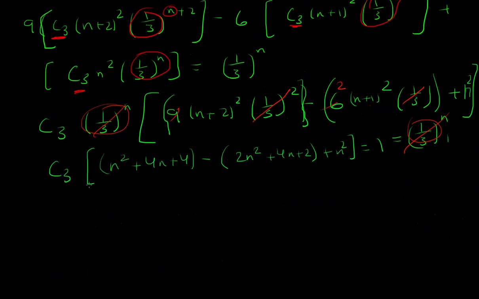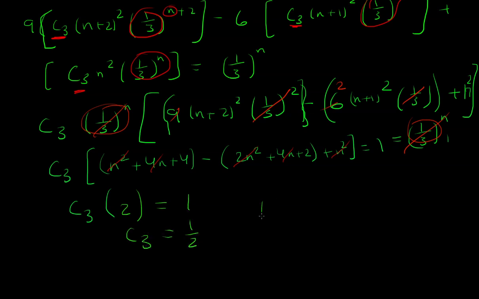So then we just keep going. C3 times n² - 2n² + n², those cancel. We have 4n - 4n, those also cancel. 4 minus 2 is just going to be 2. So a lot of things cancel, and we have 2C3 = 1, so that means C3 is a half.